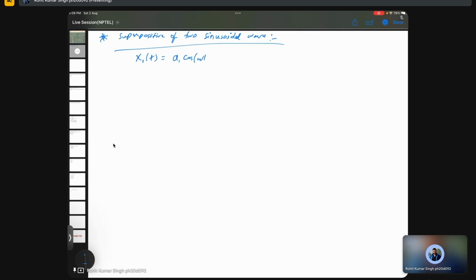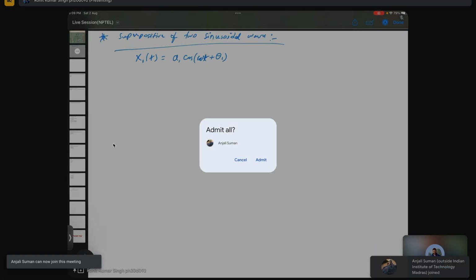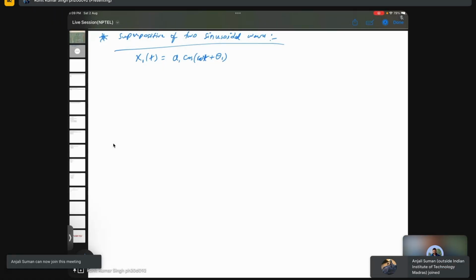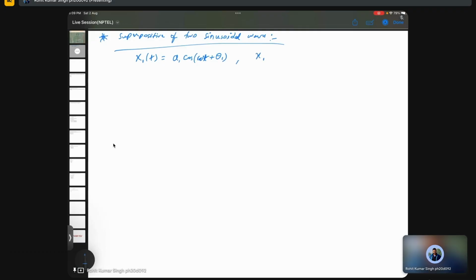We are fixing the position of these waves. You can see there is no space dependence in the cos here, so we will assume that we are looking at the waves at a fixed point on the z axis. This is the first wave, and then you have a second one, x2, with amplitude a2.